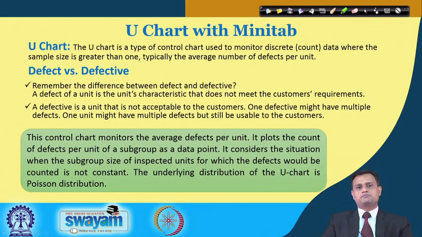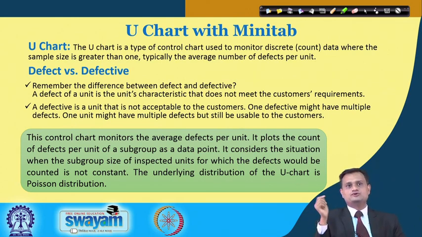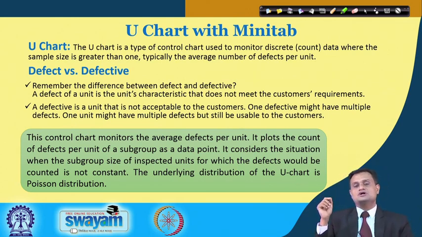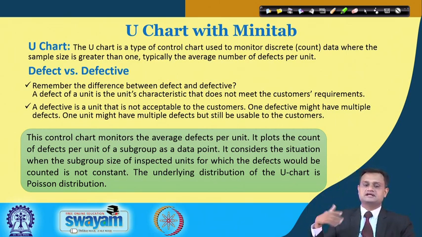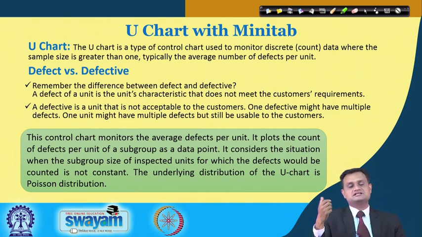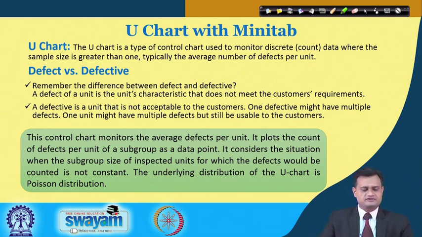Now you can also plot the U chart with Minitab. Typically a U chart is a type of chart used to monitor discrete count data where the sample size is greater than 1, typically the average number of defects per unit you are interested in. So defect versus defective, I hope the idea is clear that the difference between defect and defective is very simple.